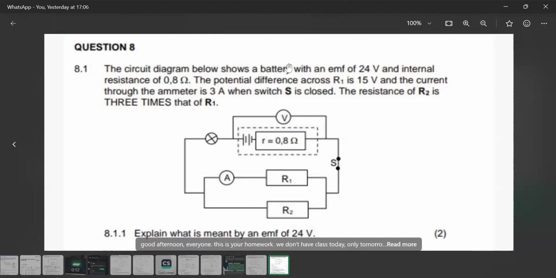Or we can do it in the easiest way possible. What is that? Calculate the current that passes through R2, because we already know the current that passes through R1, right? And then we add those two currents up, and then we get the total current.